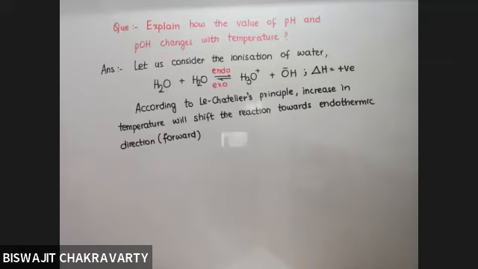It will be less than 14. Clear? So at 25 degrees Celsius the addition of pH and pOH will be 14. But at higher temperature, both pH and pOH will decrease, so the addition of the two will be less than 14.